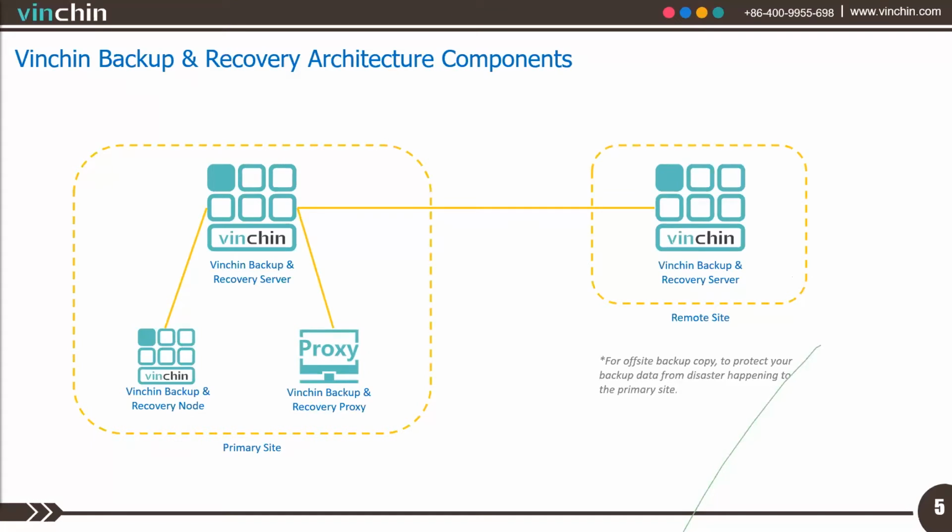As for backup proxy, it is dedicated to VMware vSphere infrastructure. I will introduce the backup proxy later. Both Backup Node and proxy are optional components. If your backup infrastructure needs these two components, they are free of charge. You don't have to pay extra license fees for them.